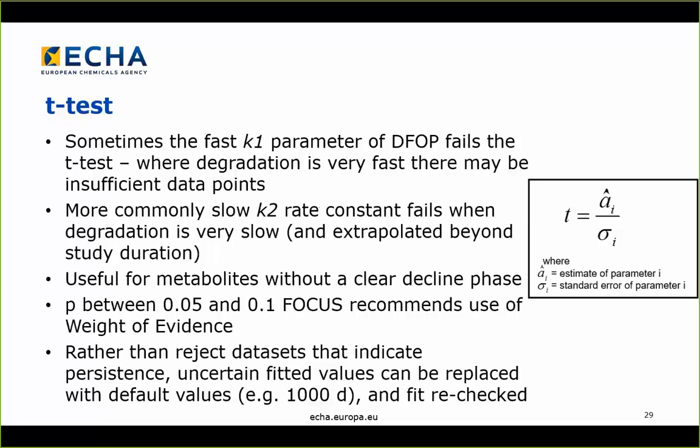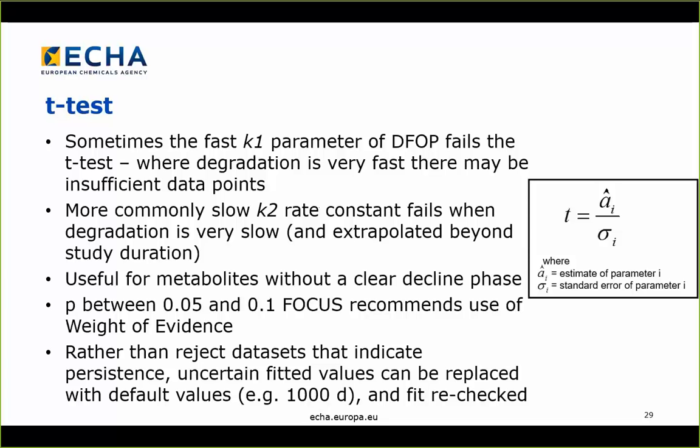And sometimes, statistically, the t-test can fail on that fast K1 rate constant because degradation is so fast that there isn't enough data to statistically show that it's different from zero. But in those situations, it's a little bit illogical to use the t-test to reject the K1 parameter. It's just so rapidly degrading that you haven't got enough data to describe it. So don't use the t-test in that kind of scenario as well to be too worried about a fast rate constant.